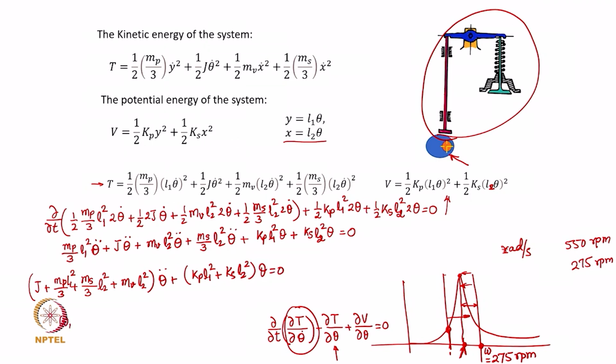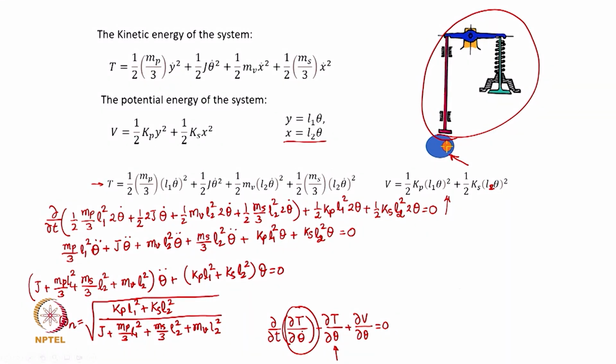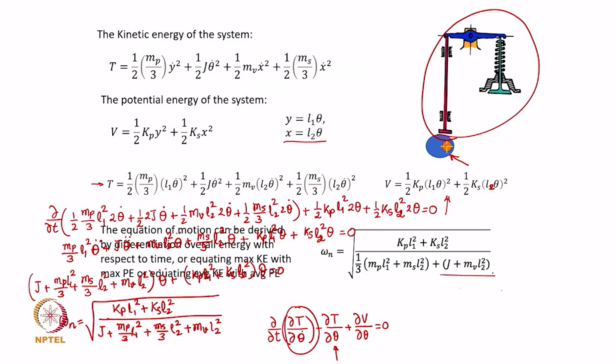This gives us the expression for the natural frequency as kp L1 square plus ks L2 square over J plus mp over 3 L1 square plus ms over 3 L2 square plus mv L2 square. Okay, that is the expression I have. You expect the same expression, and I guess that is what we are getting here.